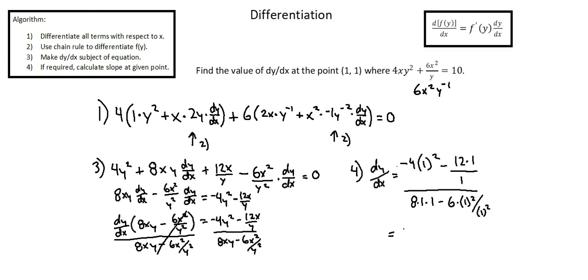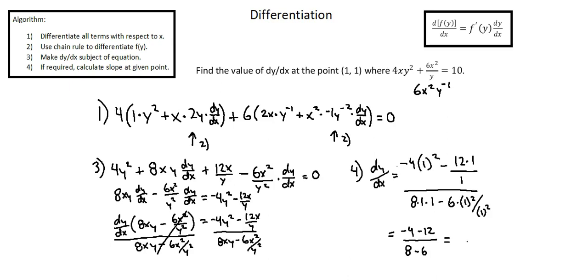From here, we can simplify. Negative 4 times 1 squared is 1, times negative 4 is negative 4, minus 12 times 1 over 1 is minus 12, over 8 times 1 times 1, 8, minus 6 times 1 squared divided by 1 squared is minus 6.